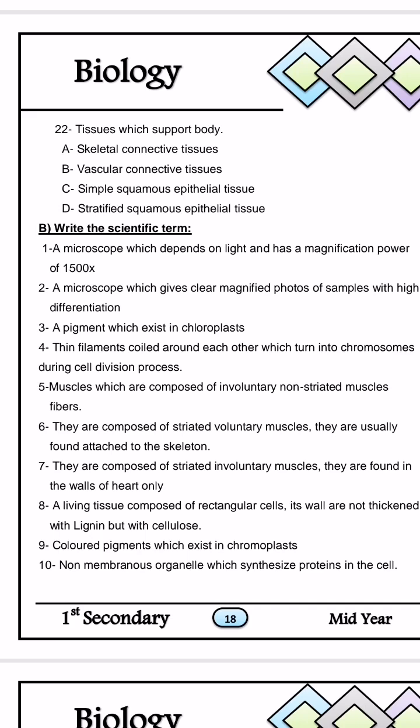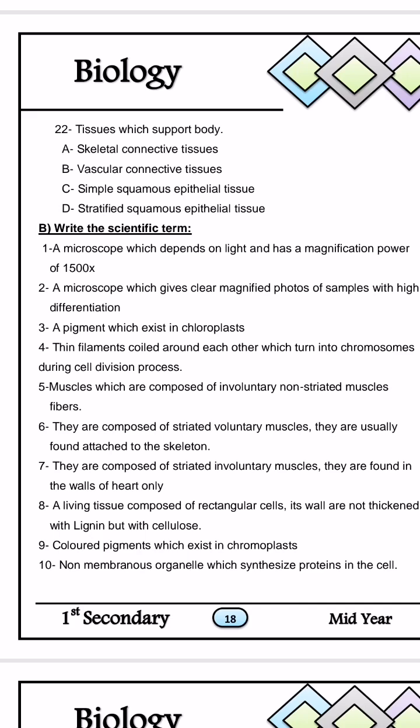Number 8. A living tissue composed of rectangular cells. Its walls are not thickened with lignin but with cellulose. The answer is collenchyma. Number 9. Colored pigment which exists in chromoplasts. The answer is carotenoids, like xanthophyll or carotene.